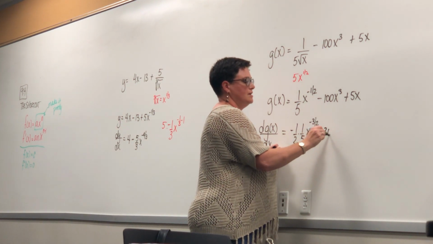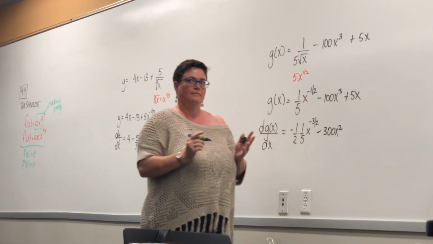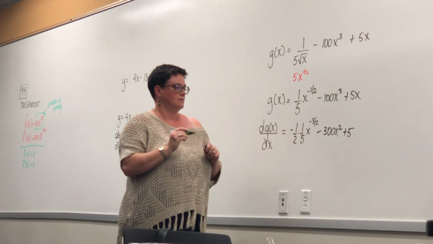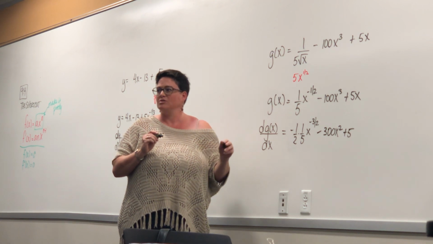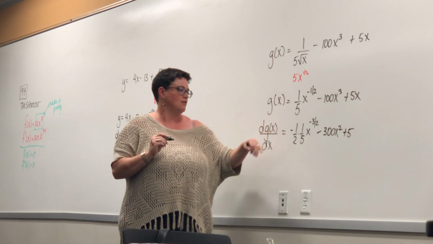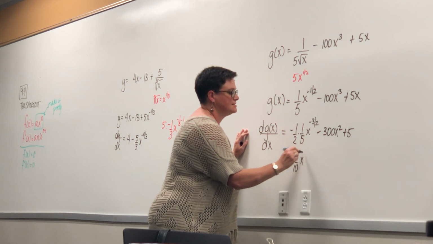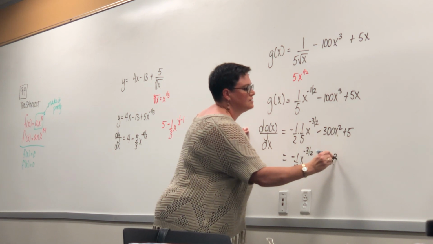Yeah, minus 300x squared. And what does 5x become? 5. Okay. So what's -1/2 times 1/5? You guys remember fraction multiplication, right? Negative 1/10. Straight across, good. So this becomes -1/10 x to the -3/2 minus 300x squared plus 5.